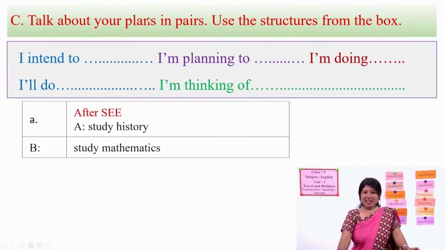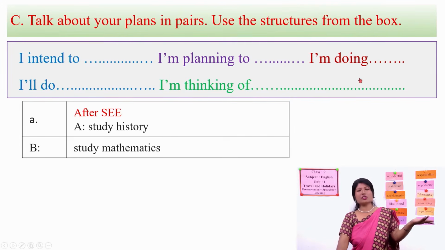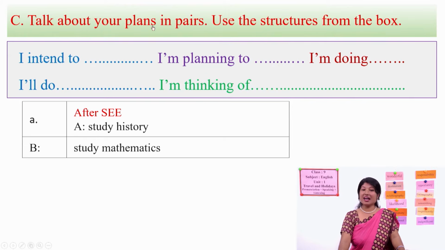These are the ways: I intend to, I'm planning to, I'm doing, I will do, I'm thinking of. So these are the ways you can express your plans, structures, language function, whatever we say.